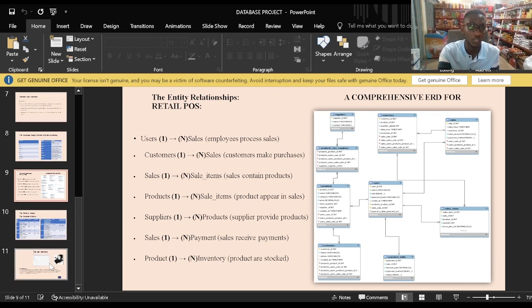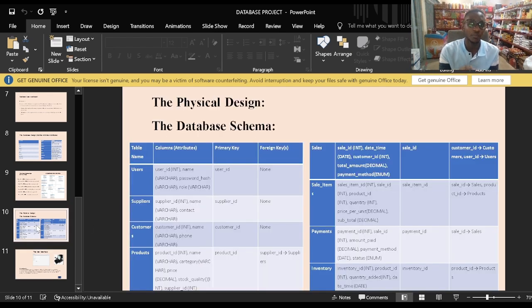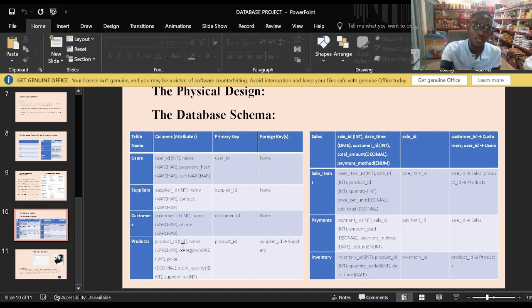When we move on to another part, the physical design, the previous one was a logical one. In the physical design we look at the user interfaces and the database schema. And this is my database schema.